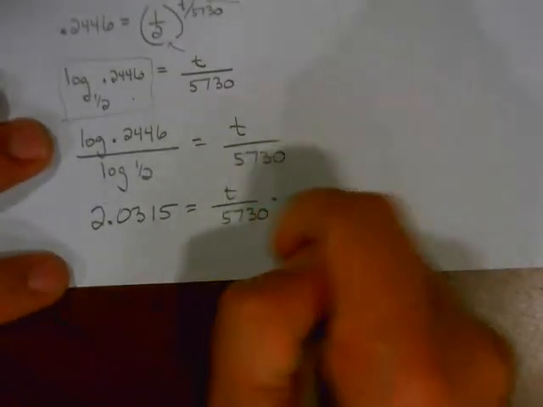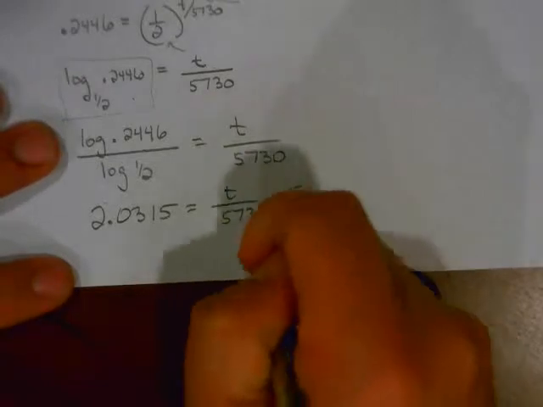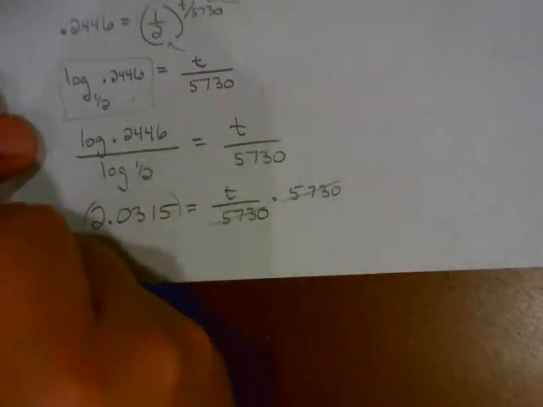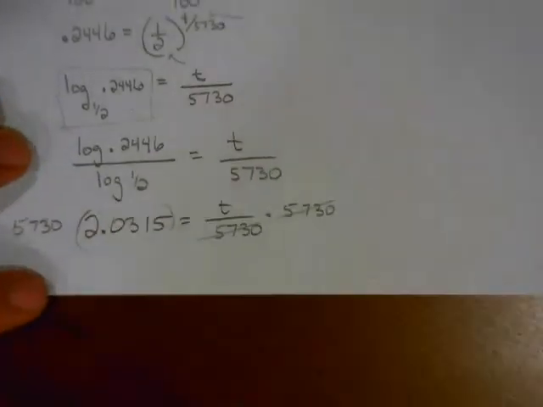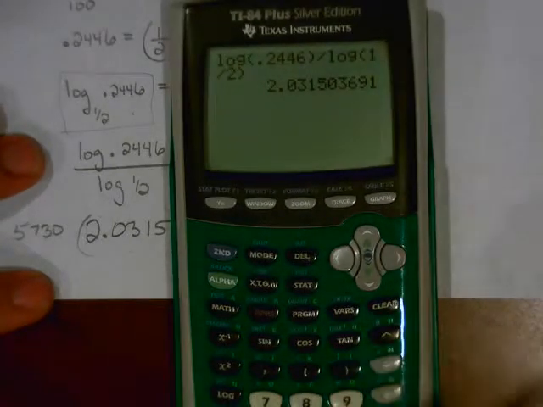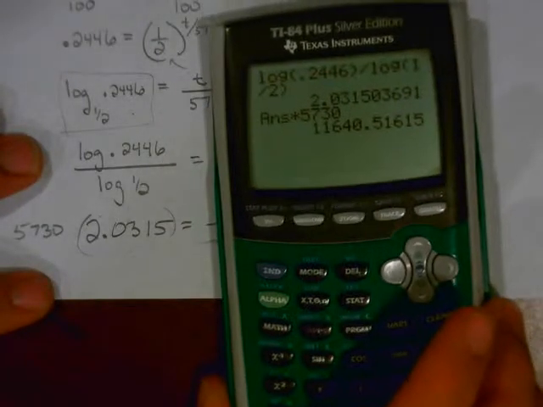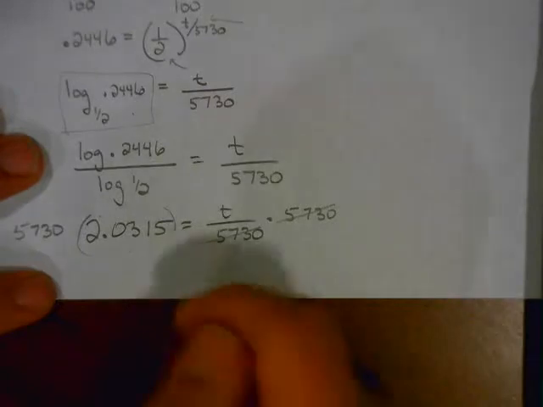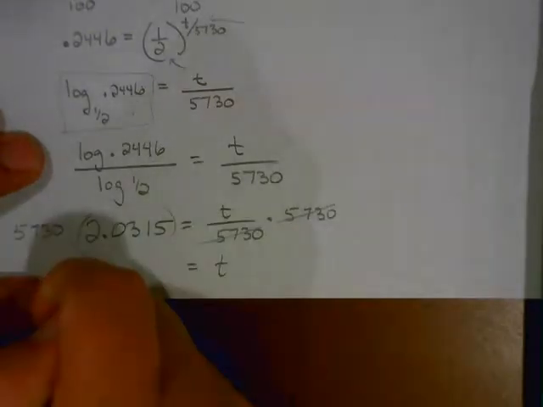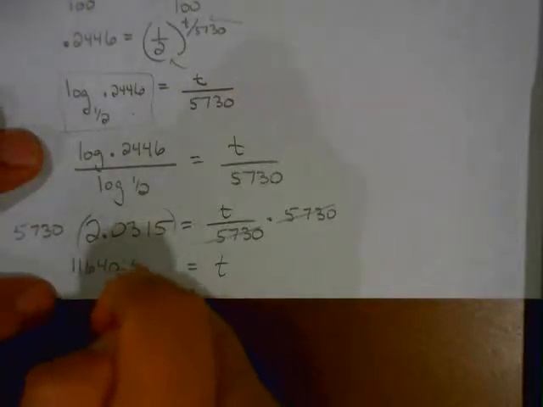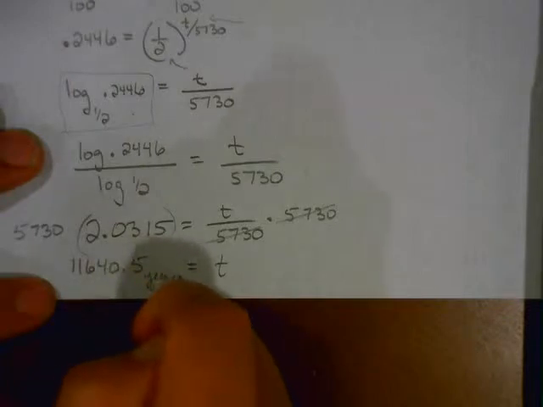But in order to solve this for t, we have to multiply 5,730 by both sides. So I'm going to take that answer, notice I haven't rounded, times 5,730, and we'll get t equals 11,640.5, and that would be years.